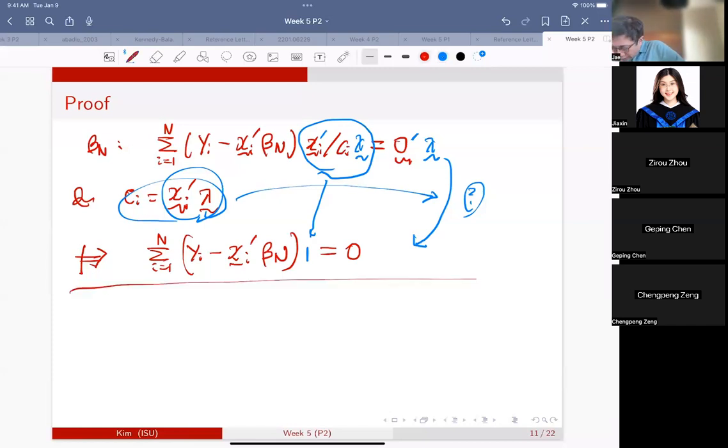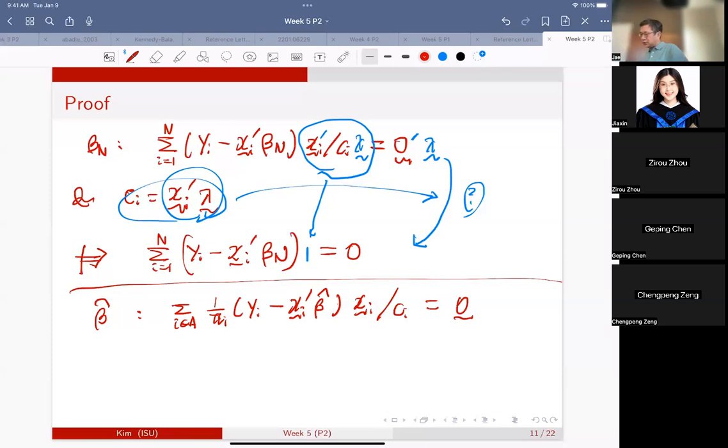Same story here for beta hat. You have 1 over pi_i times y_i minus x_i prime beta hat, times x_i c_i divided by c_i, equal to 0.